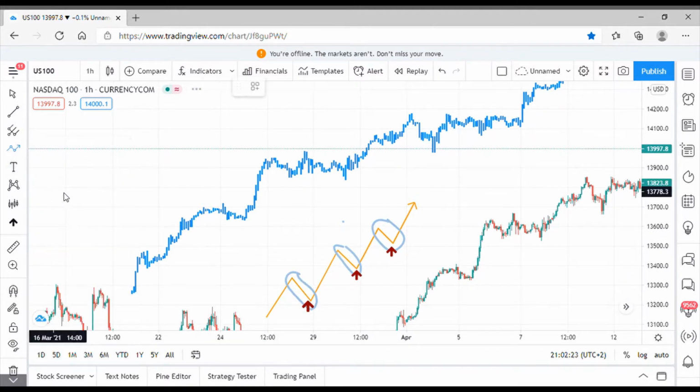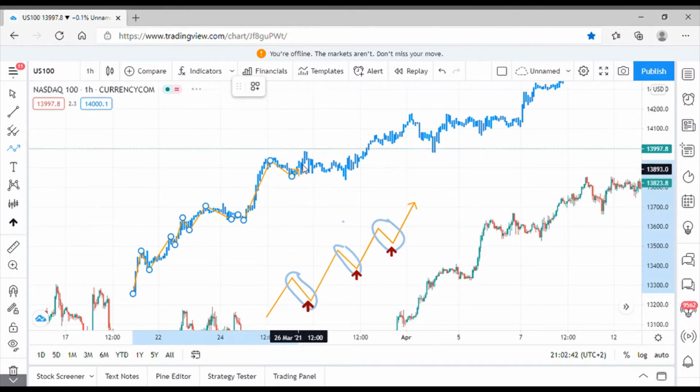So here we have our first trend, and this is followed by a pullback, a continuation followed by a pullback, continuation followed by a pullback.